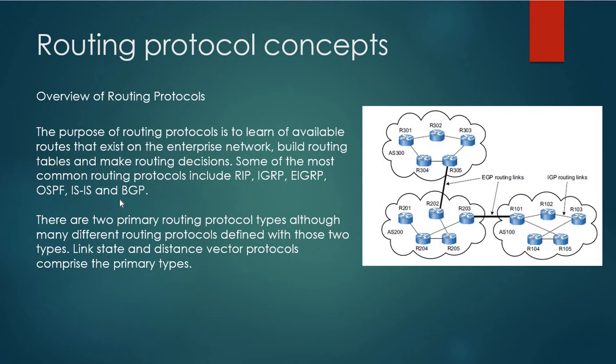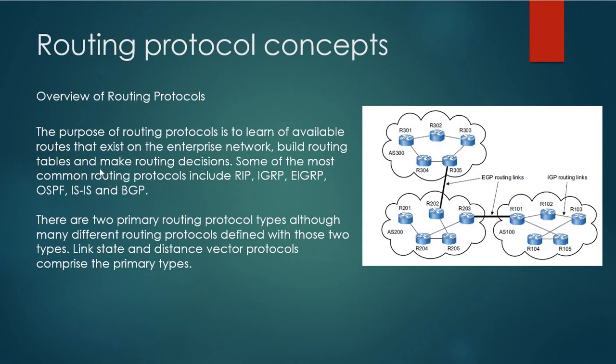These two routing protocol types are very important, from the local area network up to the internet, maybe a LAN, or a MAN, or the gateway. This link state and distance vector protocol is very important.